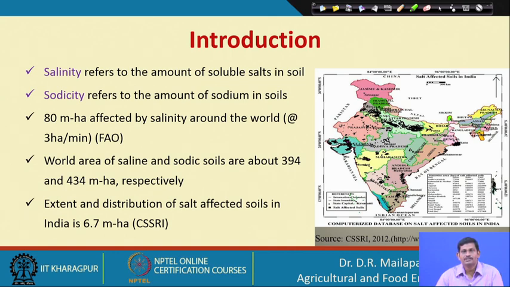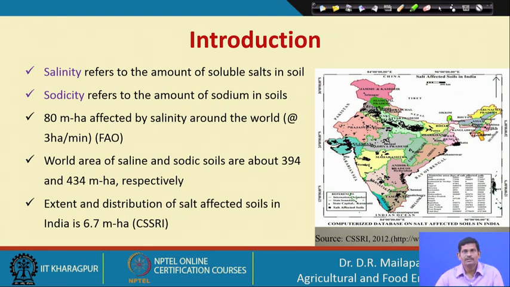Soluble salts could be sodium salt, potassium salt, calcium, and magnesium salt, all those things. Whereas sodicity is exclusively for the sodium salt present in the soil.